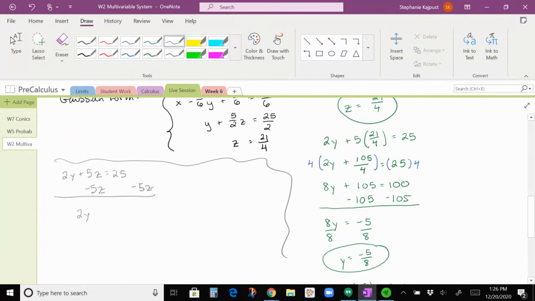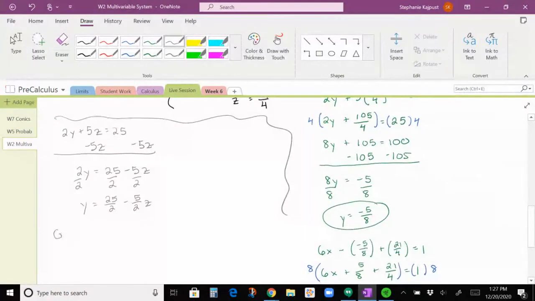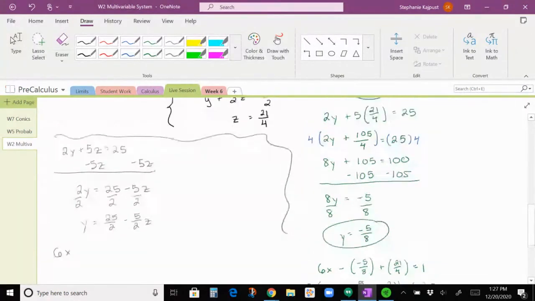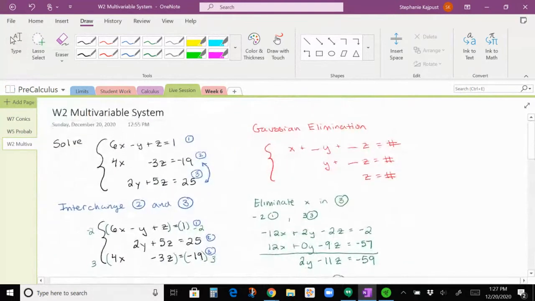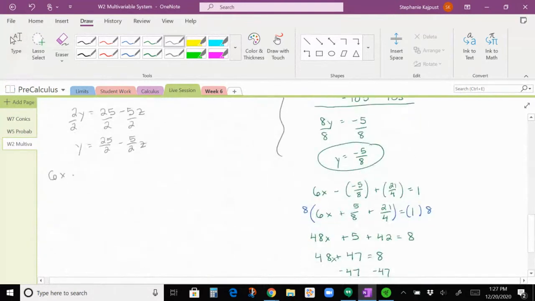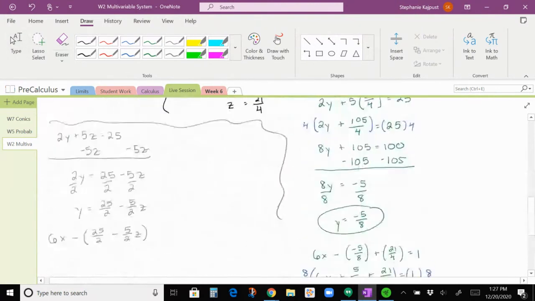Now I am still going to get fractions here, because this is just one of those systems where you can't avoid them. But say I solve this and get y equals 25 over 2 minus 5 halves z. And then I plug that into our first equation. Our first equation was 6x minus y plus z equals 1.